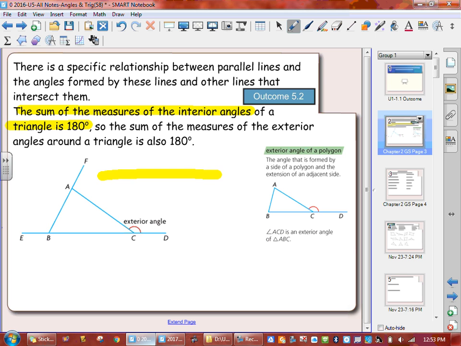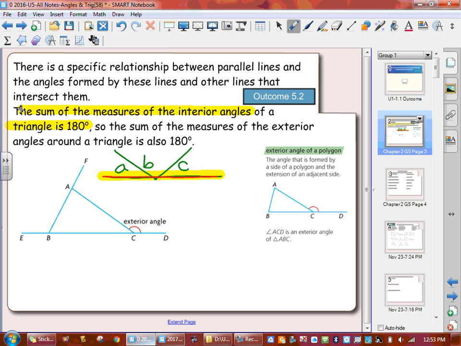So a straight line that is broken up into a number of different angles, A, B, and C. If we take A plus B plus C, we're going to get 180 degrees of straight line. Okay? So we do deal with straight line angles quite often. Okay? So those are our first couple concepts that we need to understand.